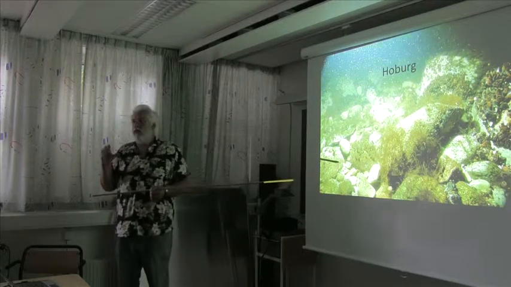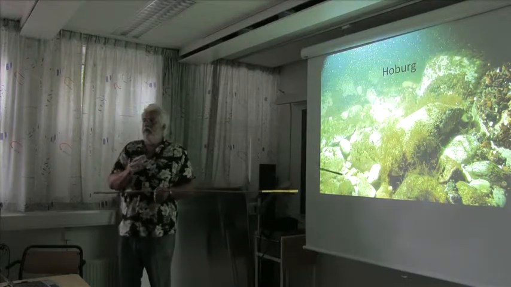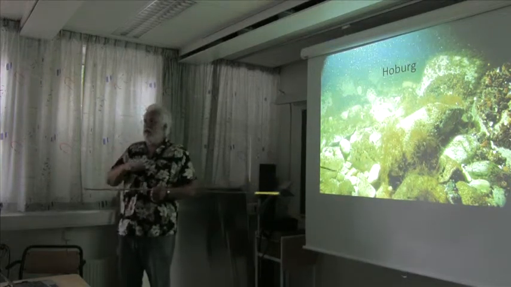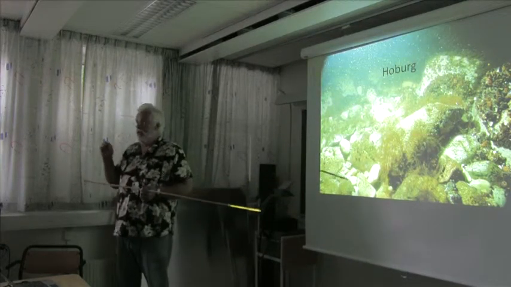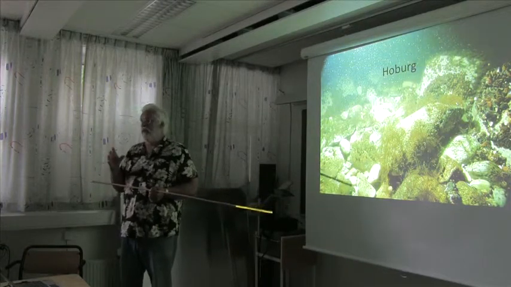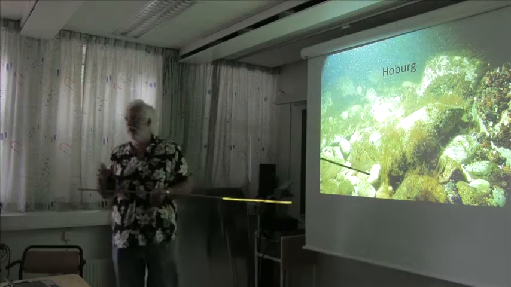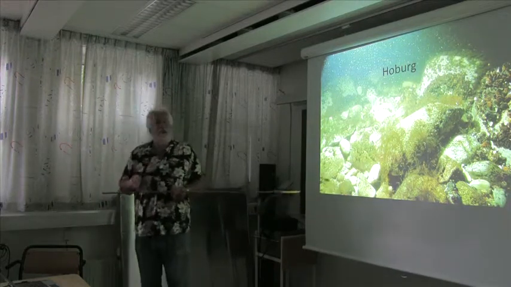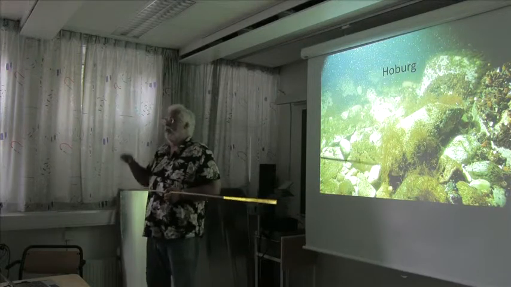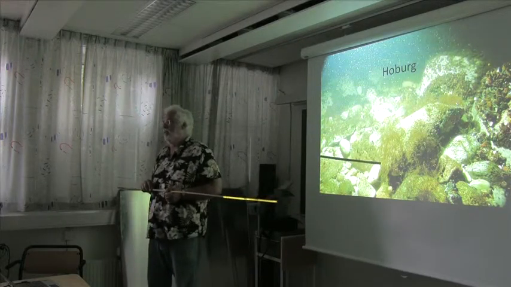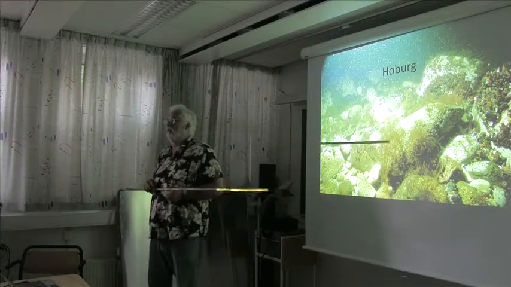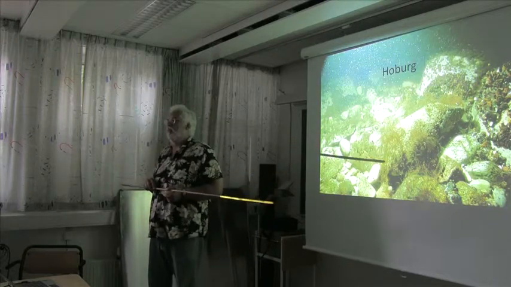The only thing that differs is that at Hoburgsbankar, at the time I made this investigation, about 1 million diving ducks overwintered. I think it's a quarter of the total global population sitting over Hoburgsbankar, but very few are on the middle bank, which is about 50 kilometers south of Hoburgsbankar.